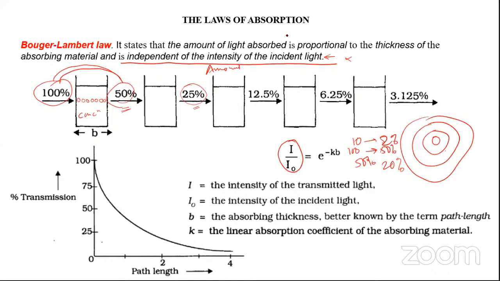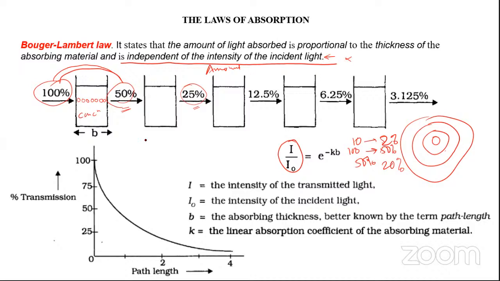Okay, so we are good to go ahead from this point. I believe that I was able to convince you both ways: one way which proves that it is independent of the intensity of incident light, and the other way which doesn't hold good.